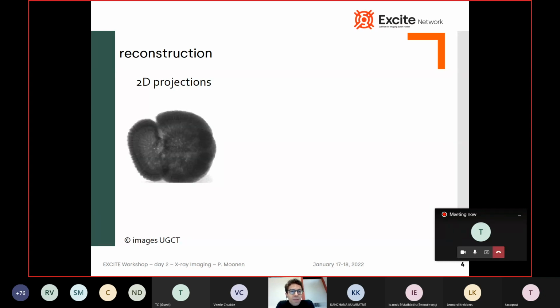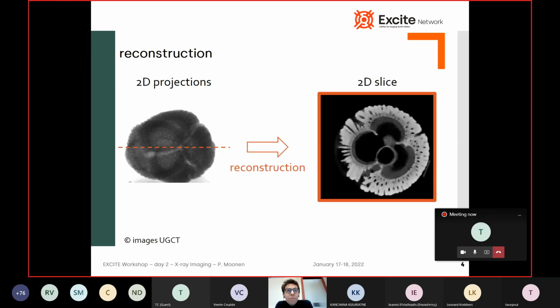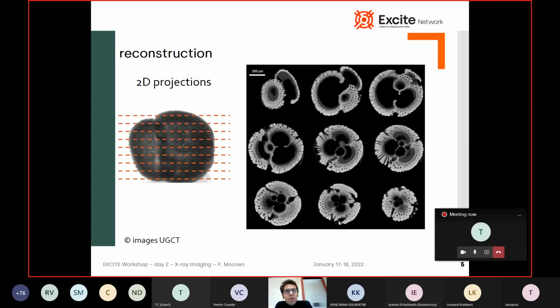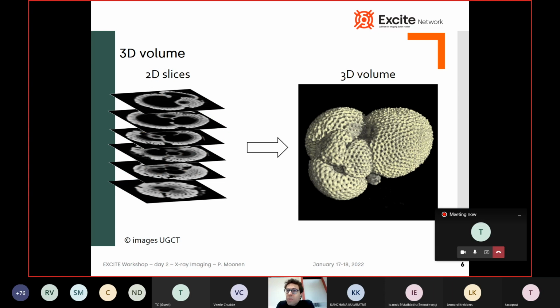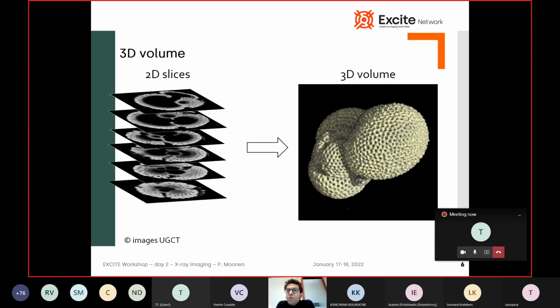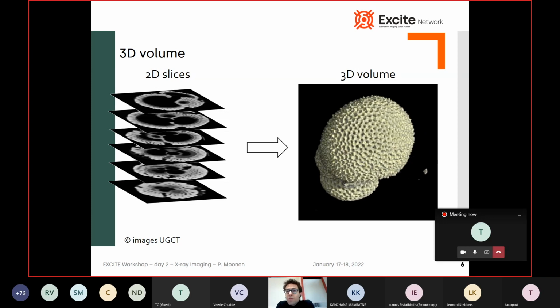And if your brain can do this, then you can also design an algorithm that does this reconstruction for you. So here at the dashed line, we can reconstruct a cross-section of this object. And we can not only do that at 1 dashed line, we can do that at multiple locations, here at 9 locations. But if we do that at about 1,000 or 2,000 locations, then you obtain the 3-dimensional volume that you see on the right.